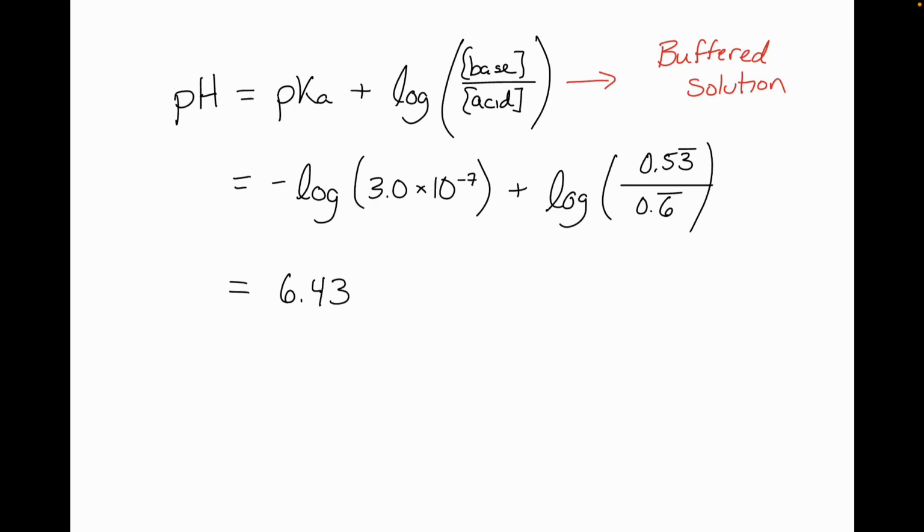All right, so now we're going to take this solution. Quantitatively, we're going to figure out what happens when we add in some strong acid, right? Normally, strong acid will change the pH very quickly because it dissociates 100%. But what we're going to see is with our buffered solution, it's going to resist that pH change. It's not that it's not going to go up at all.